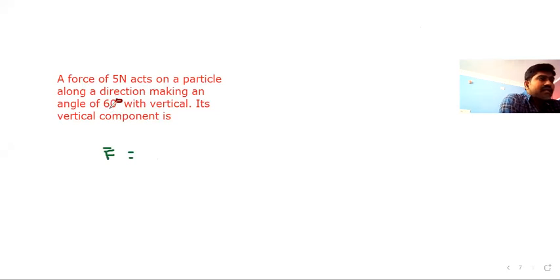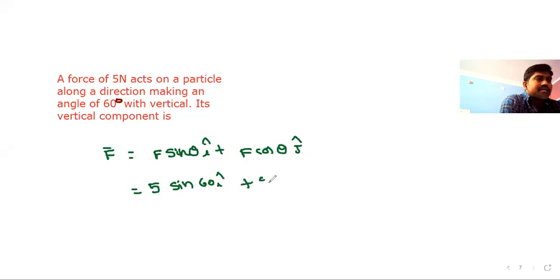It is making an angle 60 degrees with the vertical only, so the vertical component will be the cos component: F cos theta j cap, and the horizontal component is the sin component: F sin theta i cap. This is the vector. And what is F given? 5 newtons given, so this is 5 sin 60 i cap plus 5 cos 60 j cap.